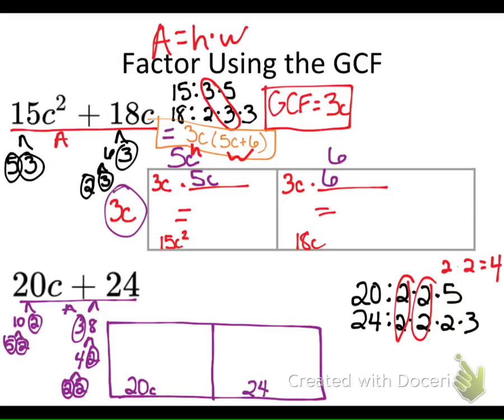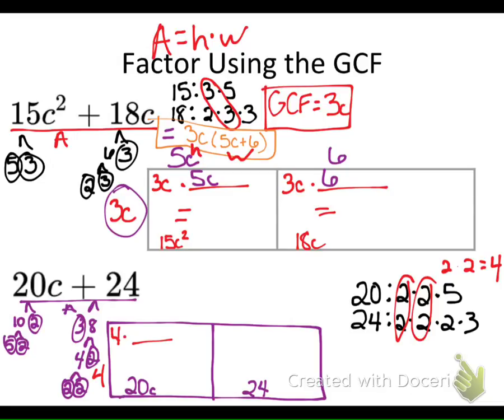Is it a C? Do both of our numbers have a C in common? No, they don't, right? So it's just 4. I'm going to plug in my 4. It's in that red over here. All right, now let's plug them in and find our width.